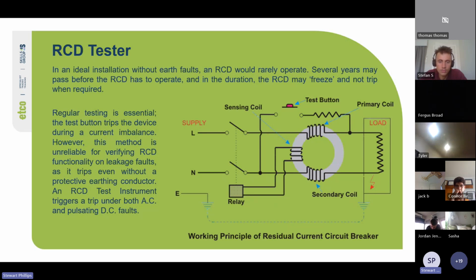But it has nothing to do with the earth, so it's not a good way of testing if the RCD actually works. But how often do you reckon you need to push the test button? In a residential setting, how often do you need to test the RCD?